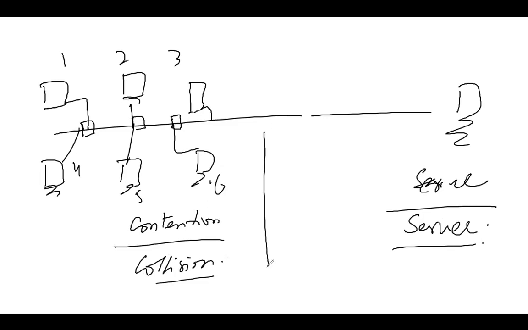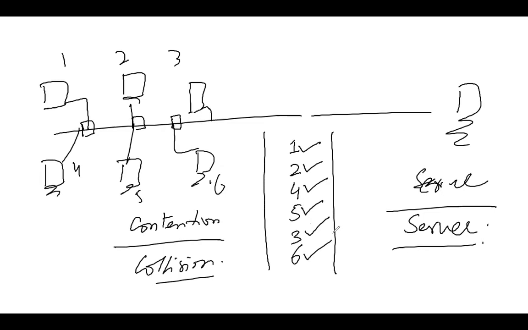That's why we have to design a protocol to look into this matter, and we have to define the strategy as well, which one will send first, which one second, third, fourth, fifth, and then sixth. So this is actually the mechanism in CSMA CD, that is carrier sense multiple access collision detection.